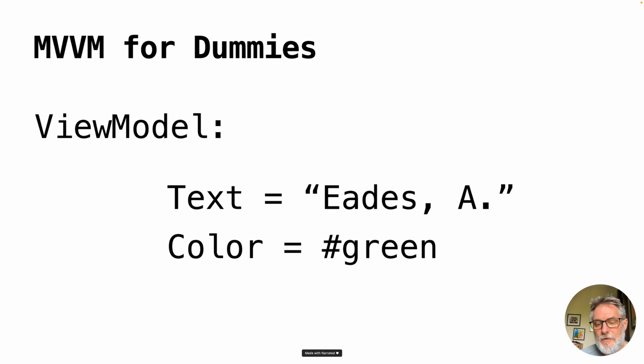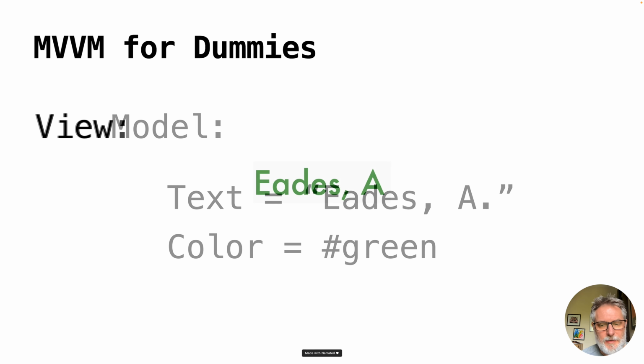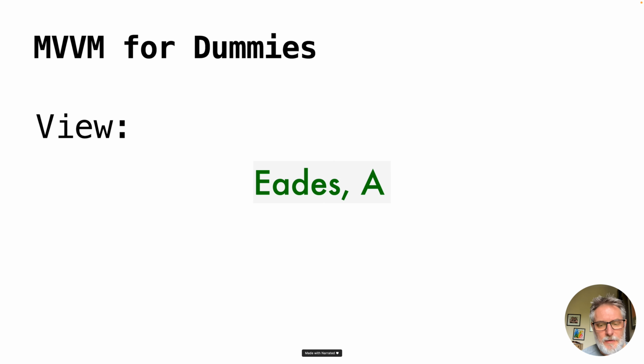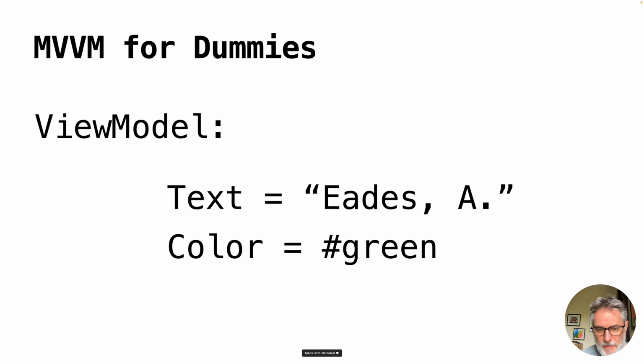We're also going to assign it a colour as green. We're going to display Eads A in green, and that's what the view is. So that's the fundamental difference. Now if we go backwards through this, what we're seeing is green Eads A. That is described by the view model as a model of some text and a colour.